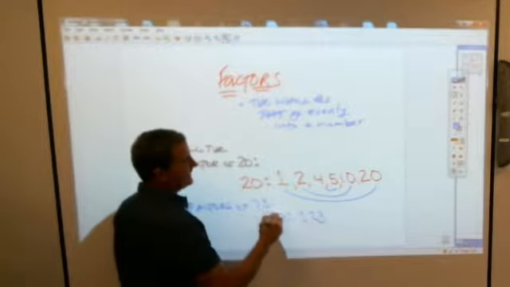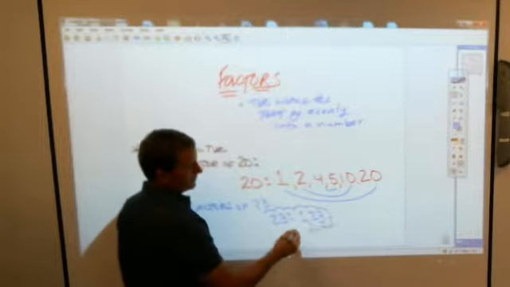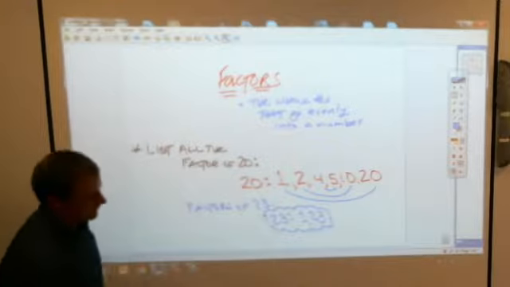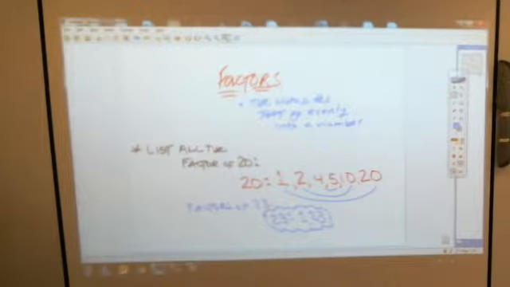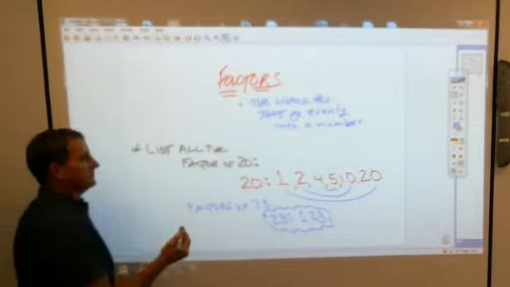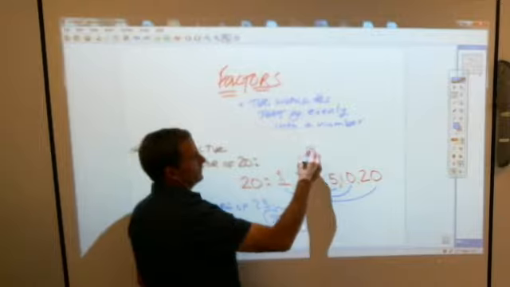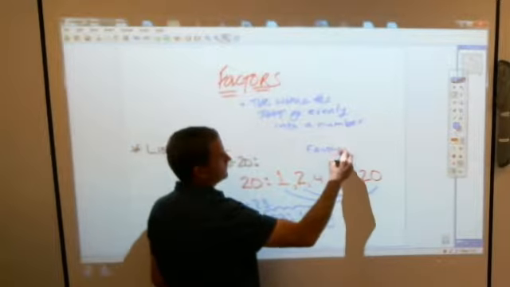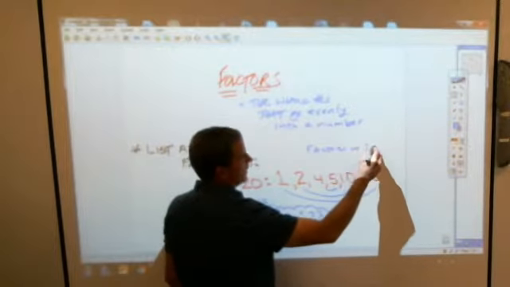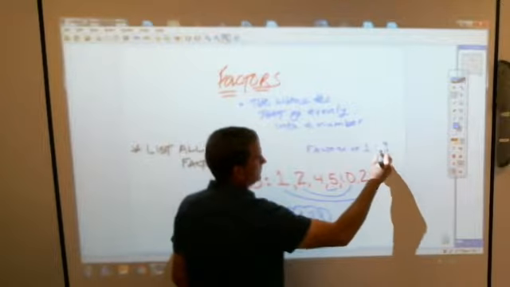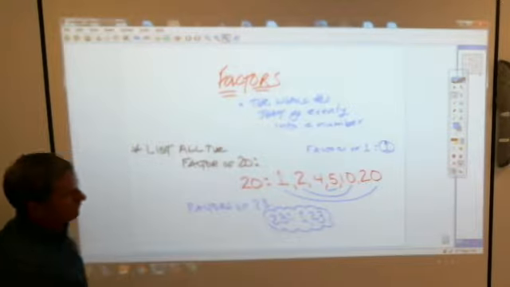So you have at least 2 factors. Always at least 2 factors. The only number that only has 1 factor, anybody know what it is? One number has 1 factor, and that is the number 1. The factors of 1 are 1. There's just 1 factor of 1.